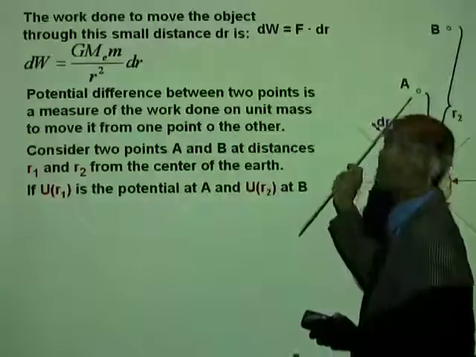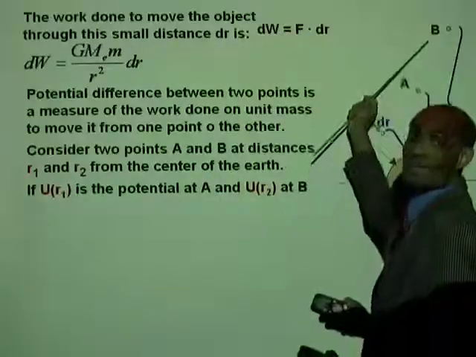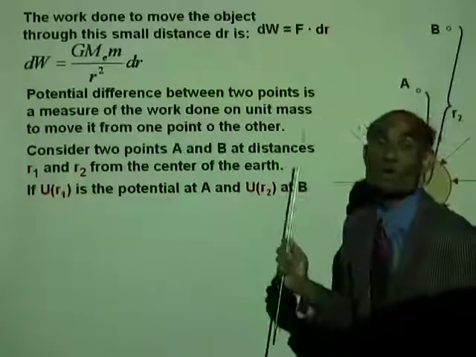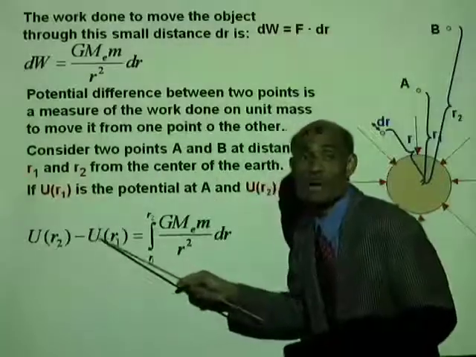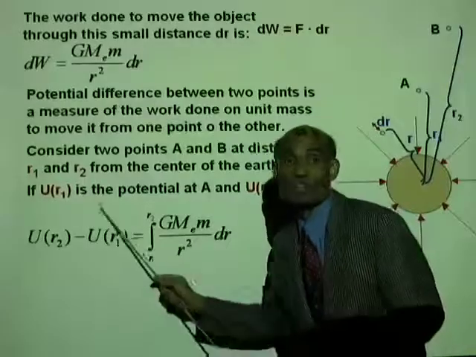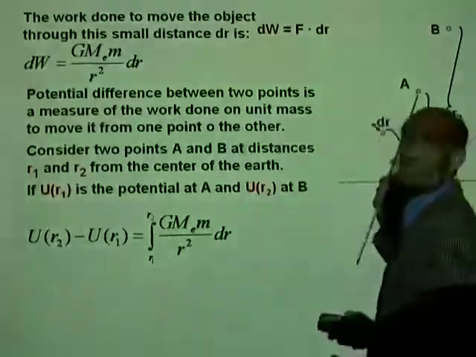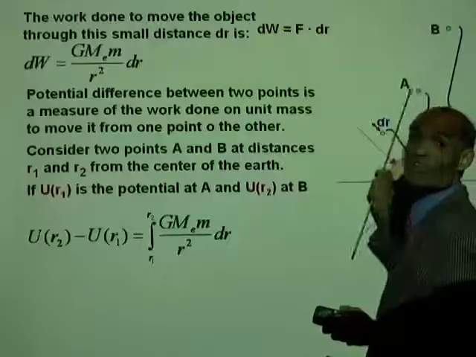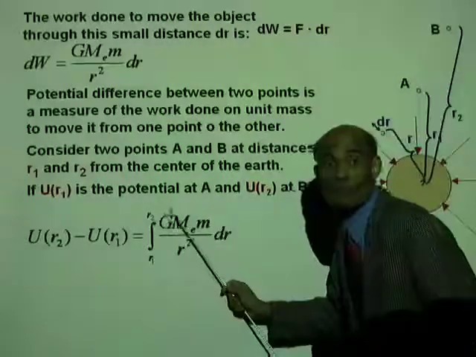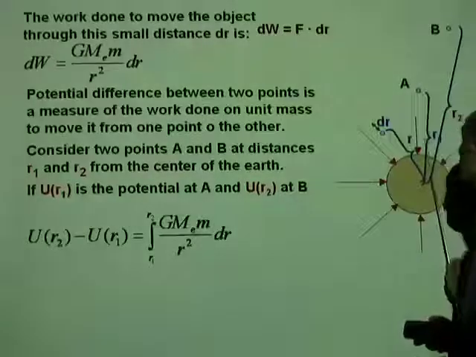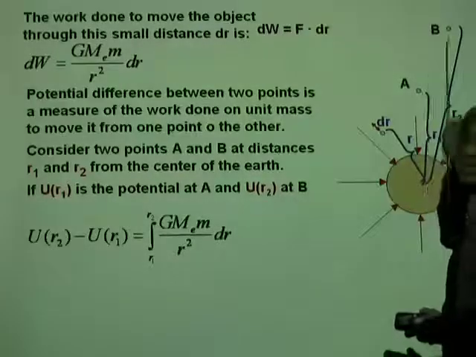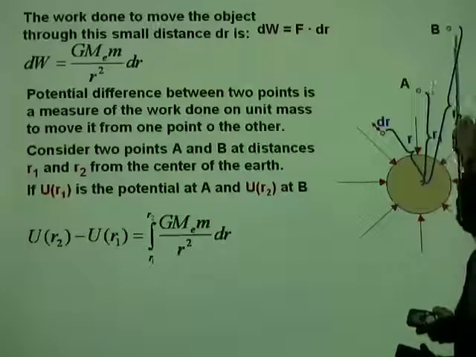Potential difference is a measure of the work done to move the object from one point to the other. So U(r2) minus U(r1), which is the potential difference between the 2 points A and B, is a measure of the total work done in moving the object from a distance r1 to a distance r2.